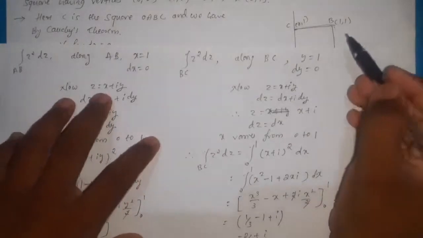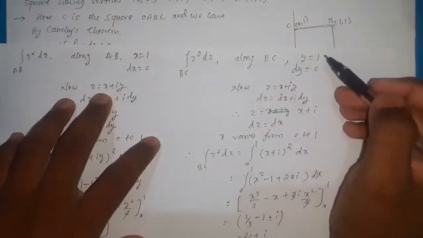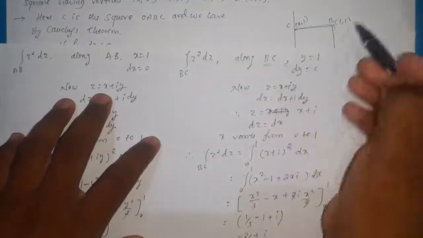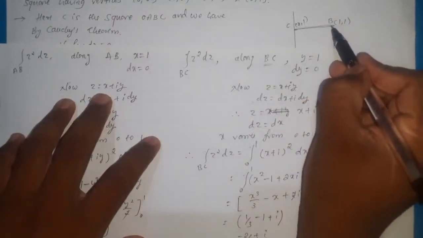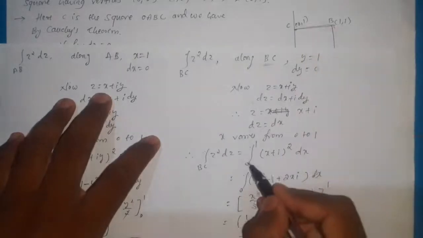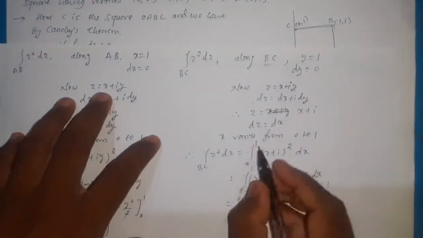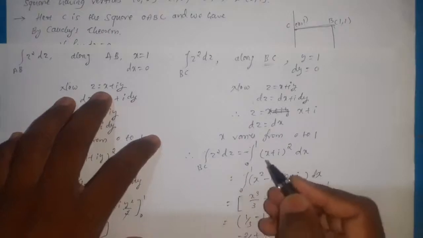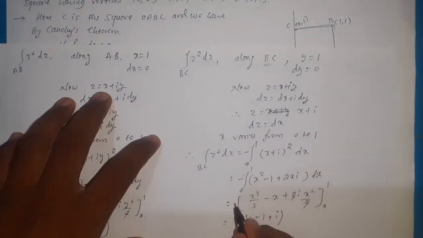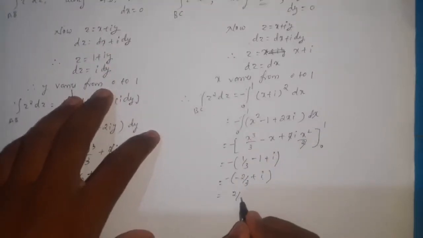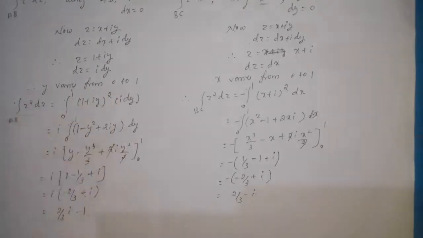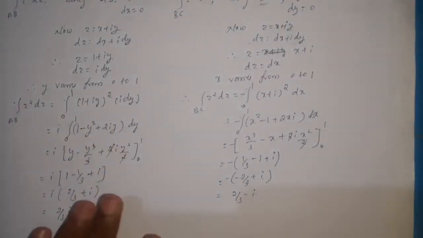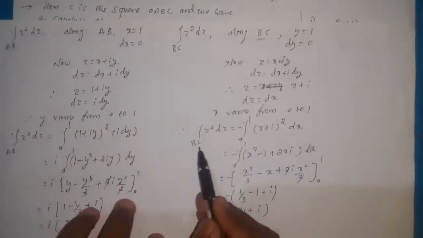And here the limits are from, we are treating the line BC, which means x must vary from 1 to 0, but here we have considered 0 to 1, which means the integral becomes negative, right? So minus minus minus, here also negative, minus of this one, which is equal to 2 by 3 minus I. So here we are considering the line BC.